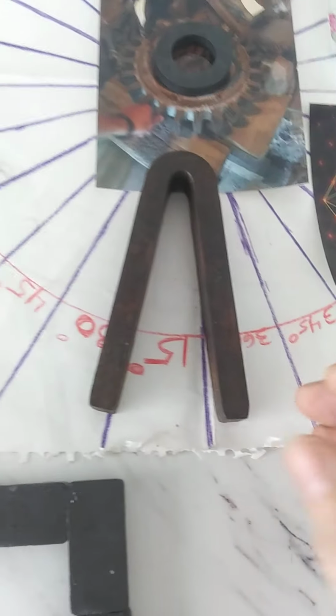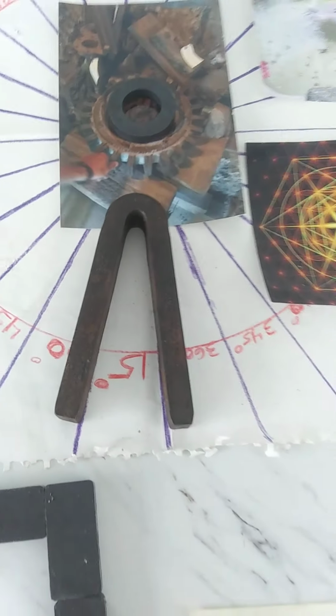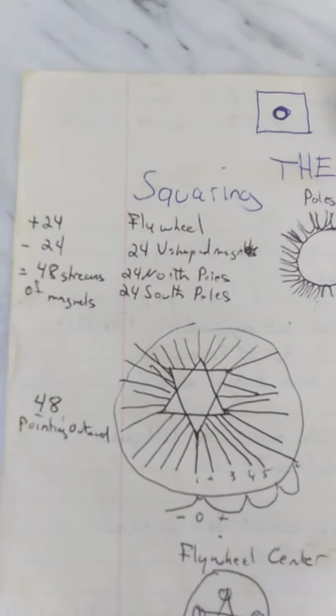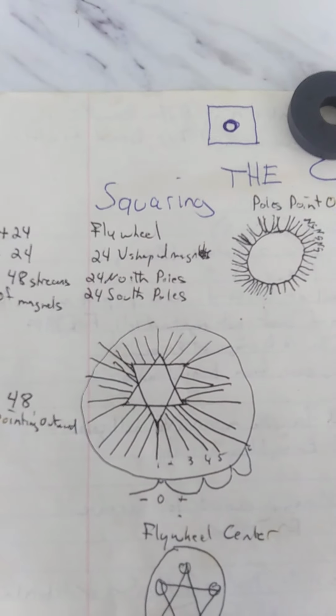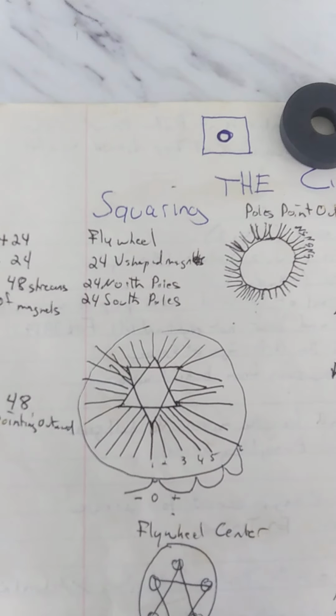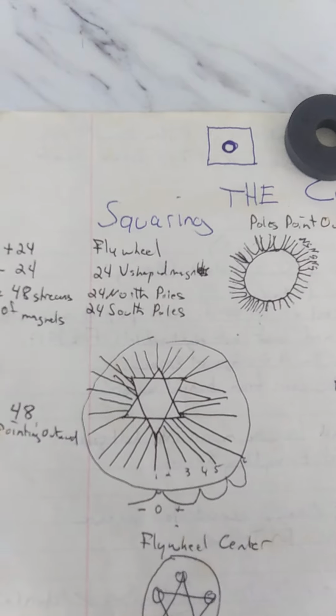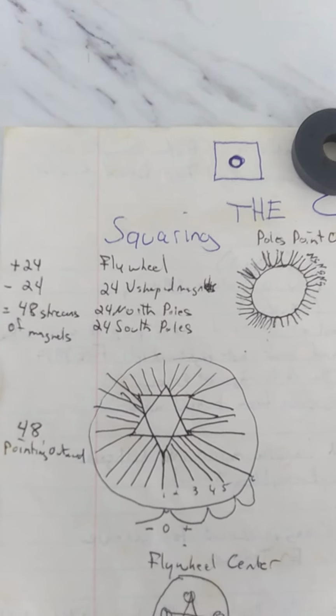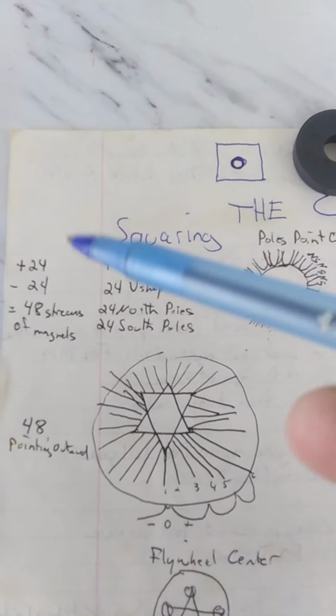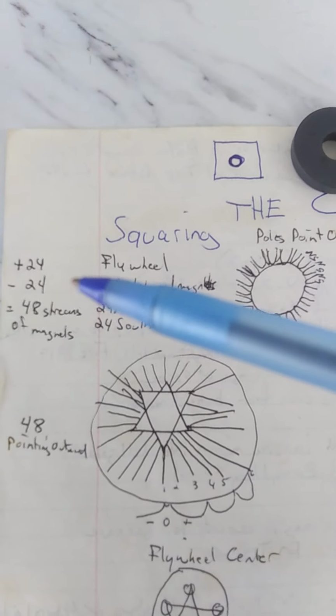So it's broken up into 15 degrees on the wheel, 360 degrees. It's putting 24 streams out into space and into counter space. But it's actually really putting out 48 because it's got 24 positive and 24 negative.